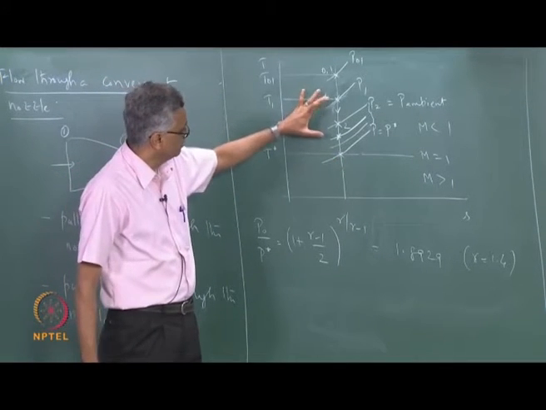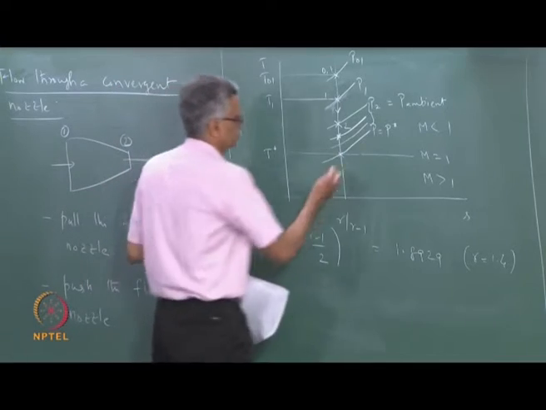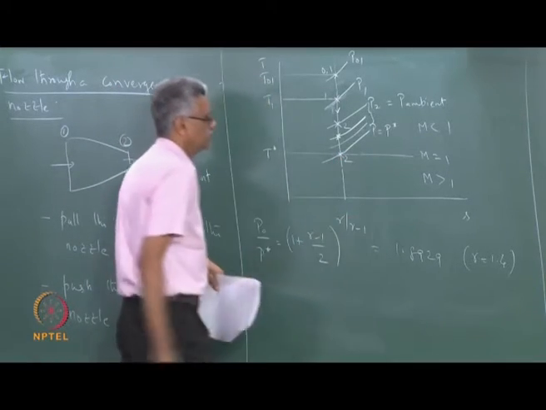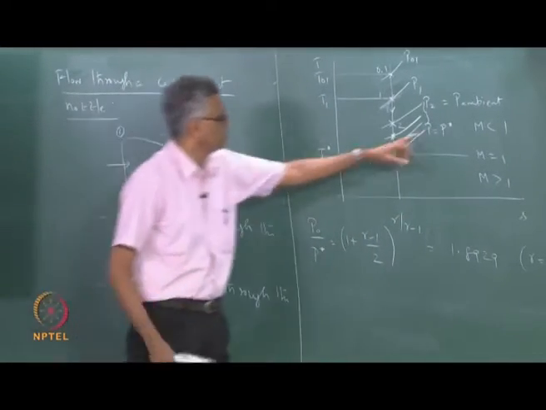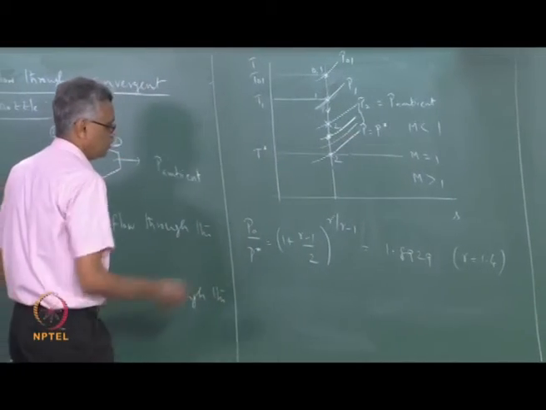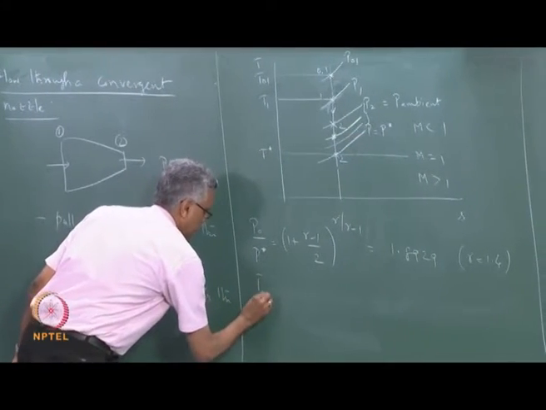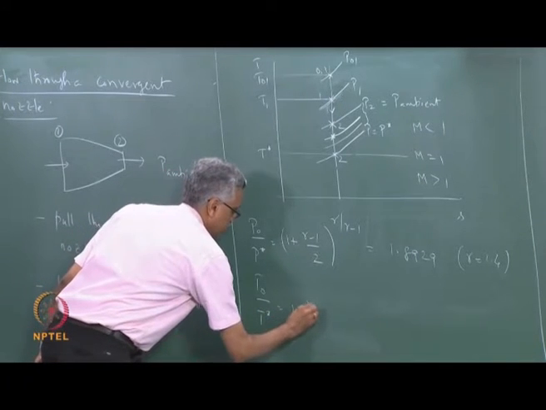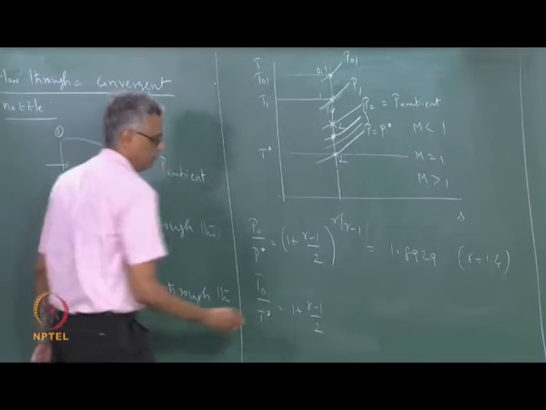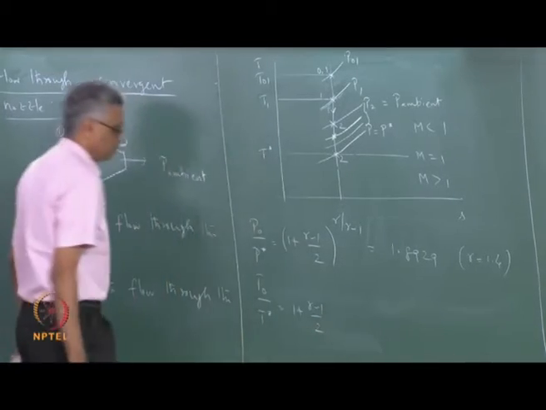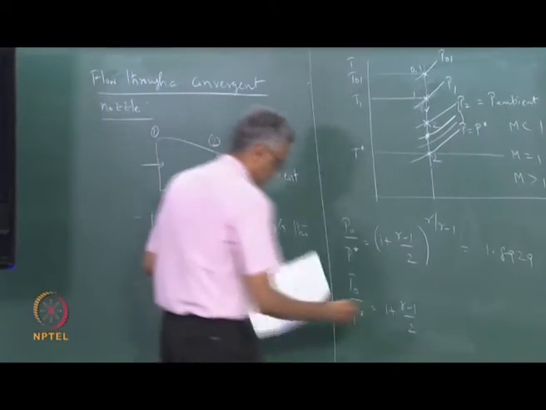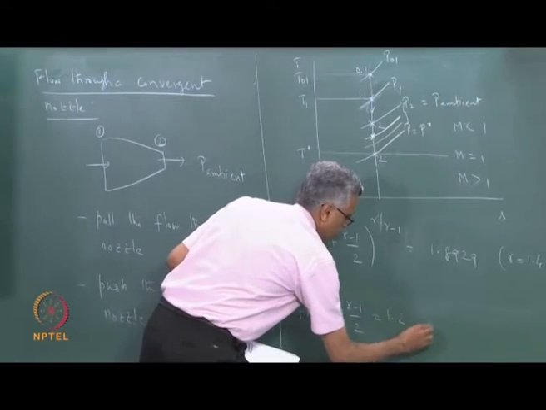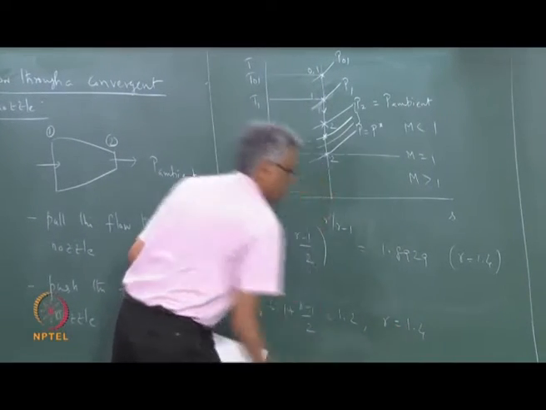So the flow expands all the way from here to this state. This becomes the exit state at this point, and the pressure is equal to P star, the temperature is also equal to T star. Remember, T star can also be evaluated in the same way. T star is equal to 1 plus gamma minus 1 over 2, which is nothing but gamma plus 1 over 2, and this is equal to 1.2 for gamma equal to 1.4.